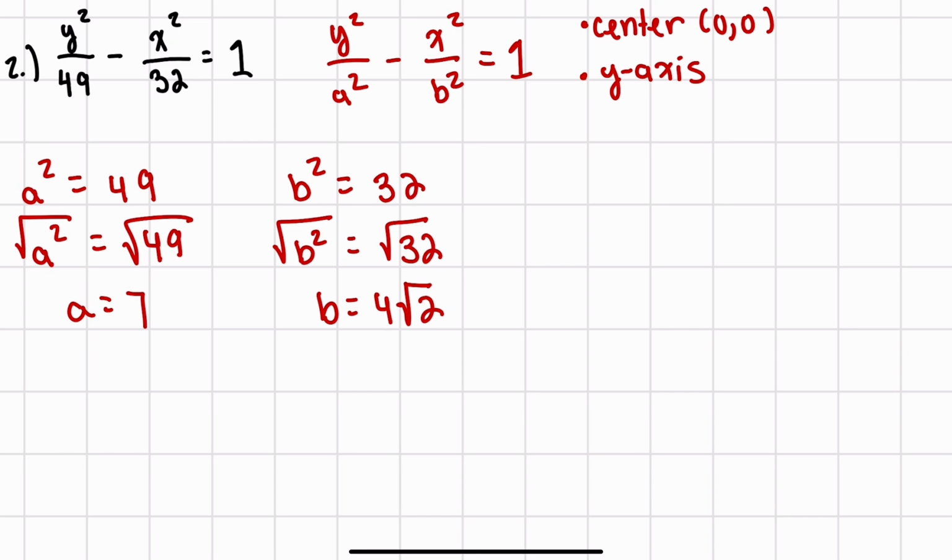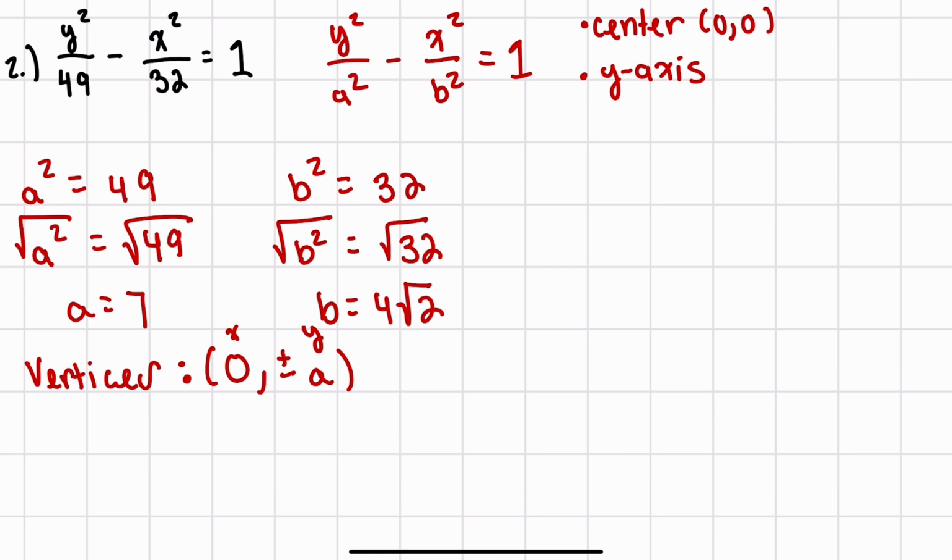Since our transverse axis lies on the y-axis, our vertices will also be on the y-axis. So our vertices can be identified as (0, plus or minus a). Our 0 will be our x point and a will be our y point.